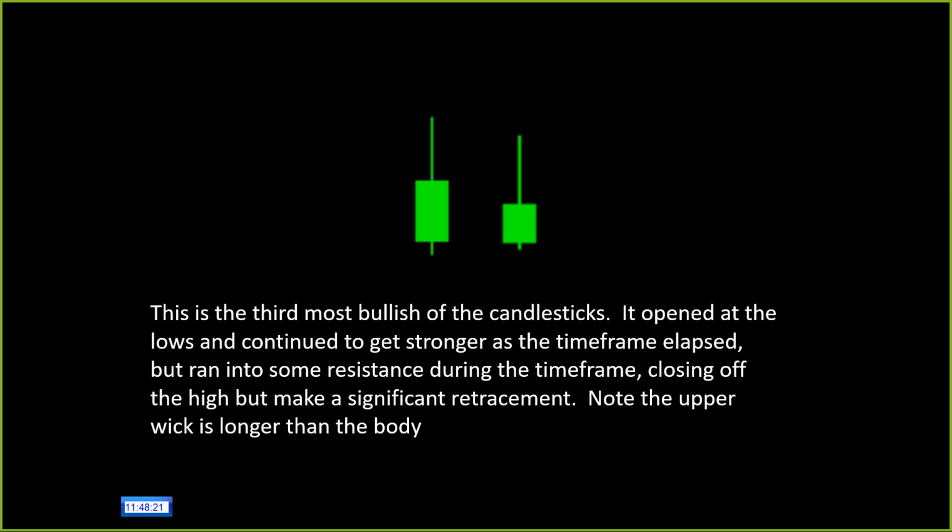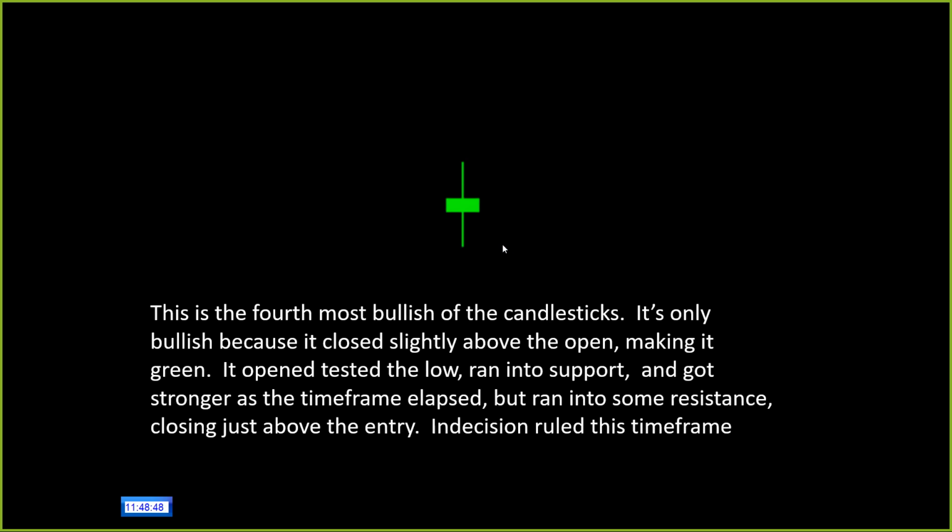You see, the upper wick is longer than the body. It's not a sign of strength. But it didn't sell all the way off. It did close above the open, so it remains a bullish candle. But it's not as bullish as the first two.